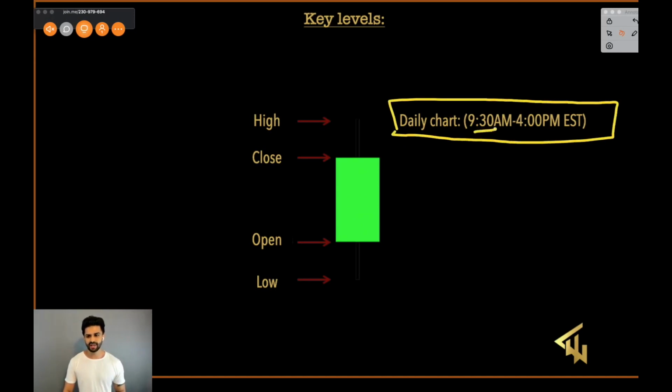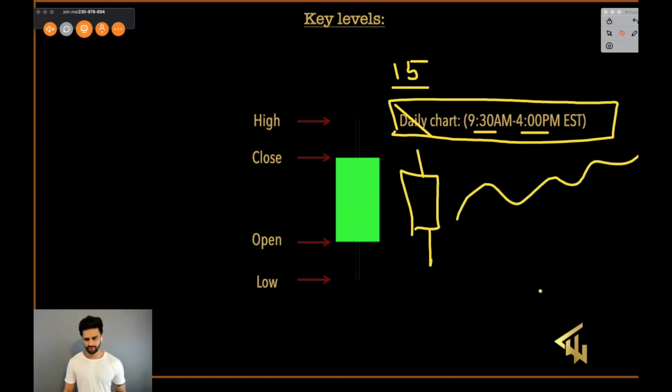So if that trading day is from 9:30 a.m. to 4 p.m., that candle represents the price movement for that particular day. If you change that time frame to, let's say, 15 minutes, right? Now each candle represents 15 minutes of price action. And then once that 15 minutes is done, you have a new candle forming, and so forth. Okay. So keep that in mind.